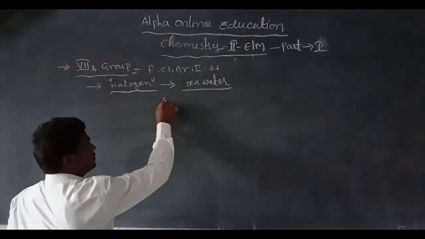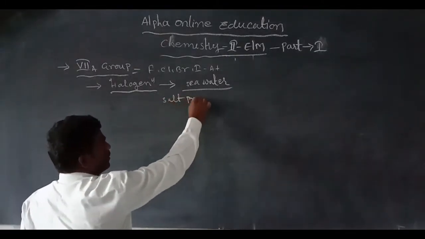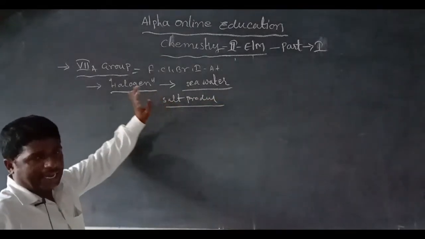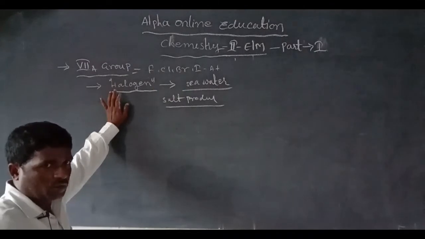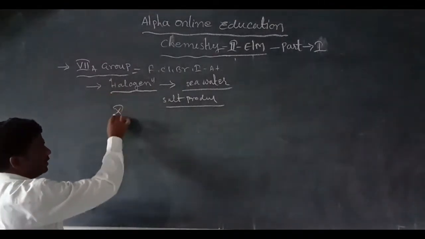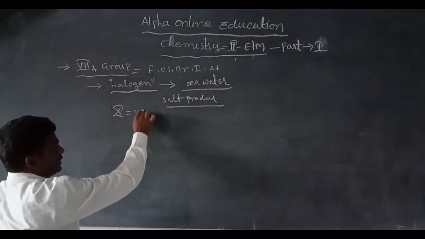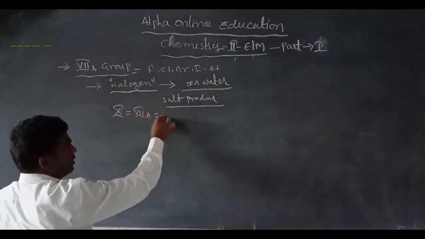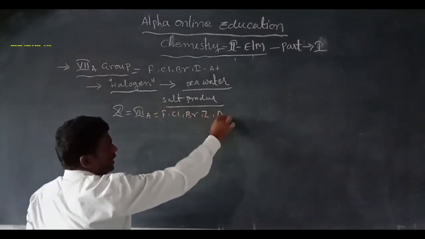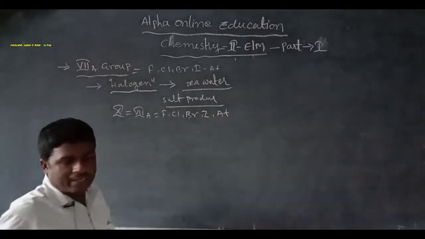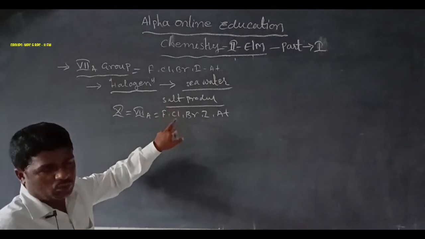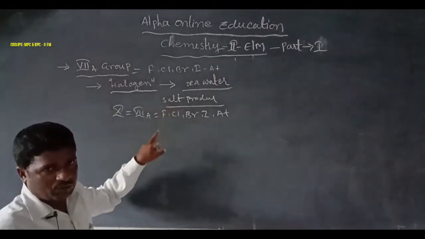Salt producers are also called halogens or halides. The 7th A group elements are also called halogens. It is indicated by X, where X is a 7th A group element. Fluorine, chlorine, bromine, iodine and astatine belong to the 7th A group, or the 17th group by the IUPAC notation.